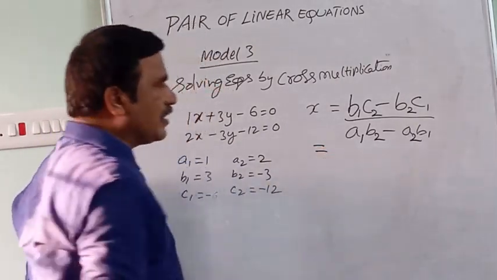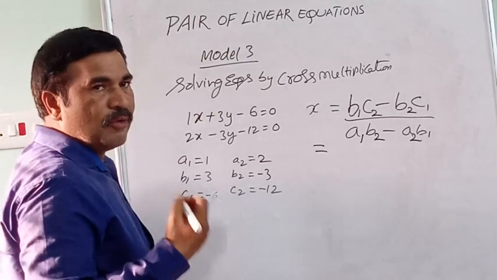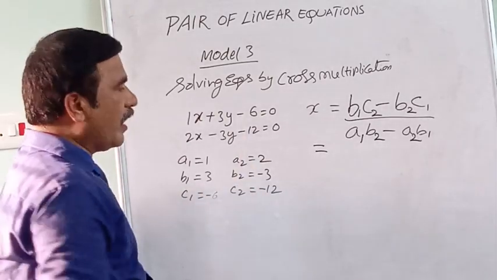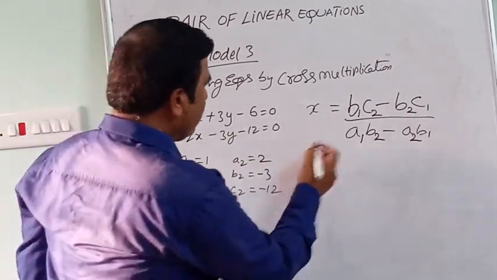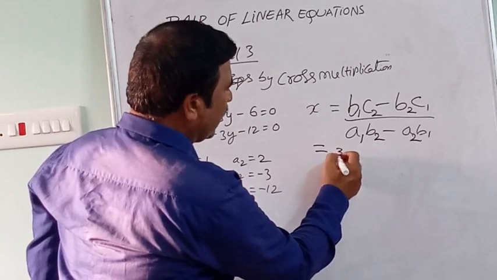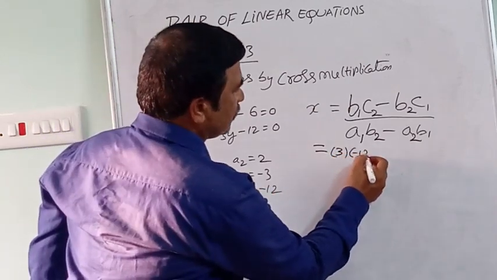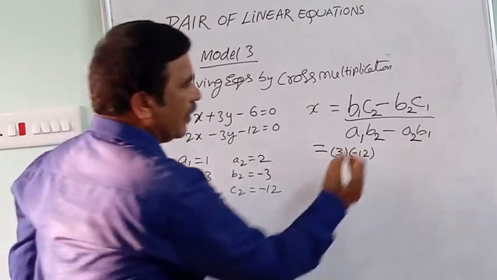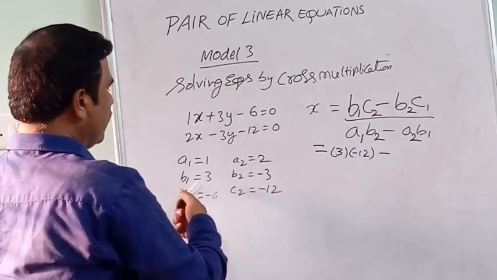While calculating, be very careful, this is a very dangerous method. Most of the students will make calculation mistakes. See here, while writing, keep brackets: B1 is 3, bracket, C2 minus 12, like this, otherwise it goes wrong in calculation. This minus is minus only. B2 how much?